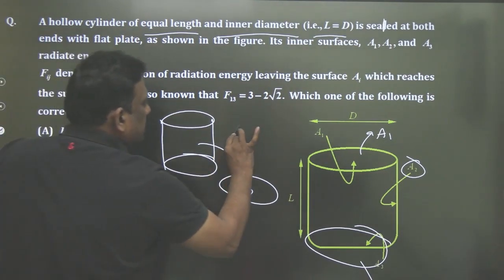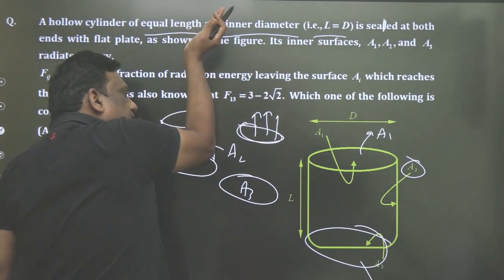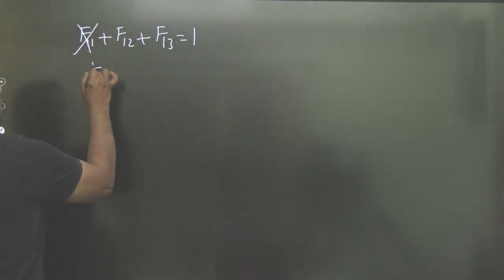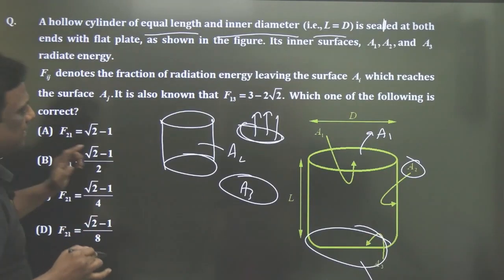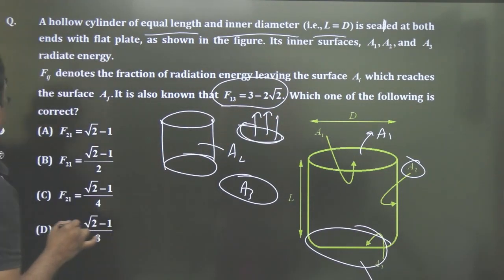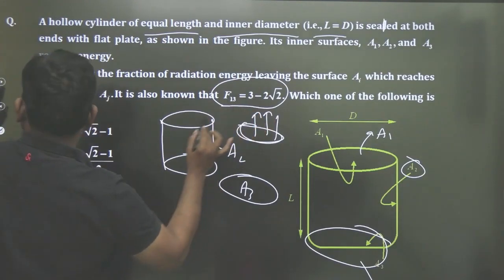Everything is going to the other surfaces. So F11 is 0. So F12 plus F13 is equal to 1. F13 is given in the problem as 3 minus 2 root 2.